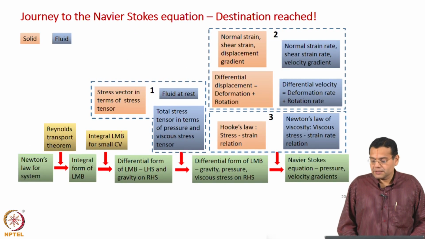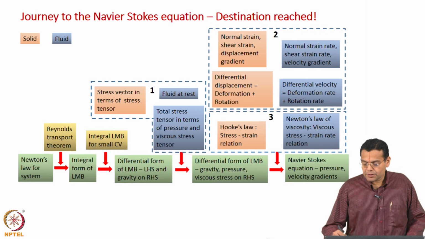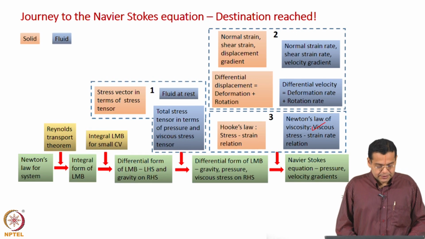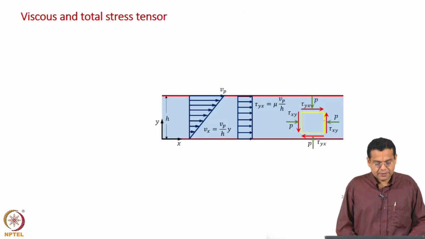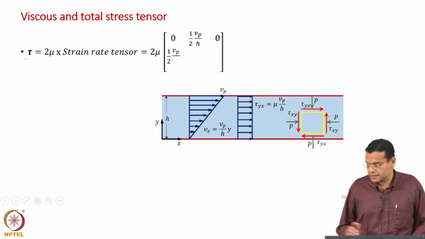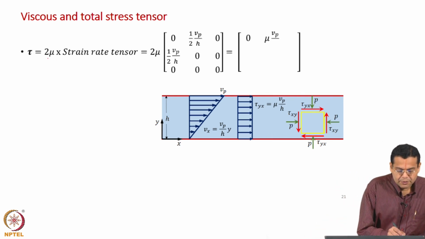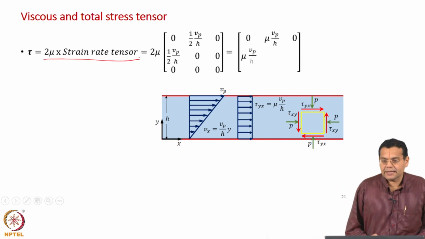Then we discussed Newton's law of viscosity, where we related the viscous stress to the strain rate, and we can do that here as well. The viscous stress tensor is equal to 2 mu into the strain rate tensor.